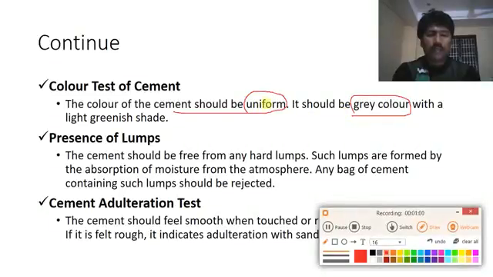If you take a bag of cement, the entire cement should be of uniform color, that is, gray with a greenish shade. This is a minimum requirement. If you see a cement bag, it should be gray with a light greenish shade, and this color should be uniform throughout the bag. That is the first test we do.